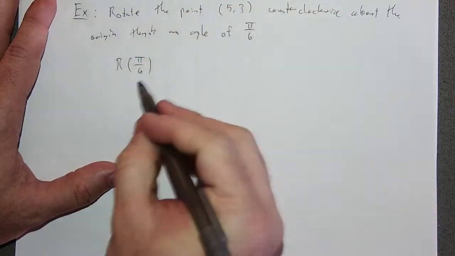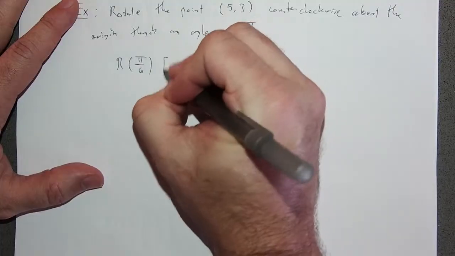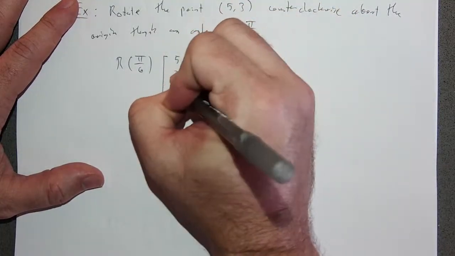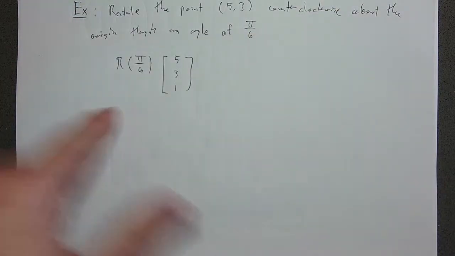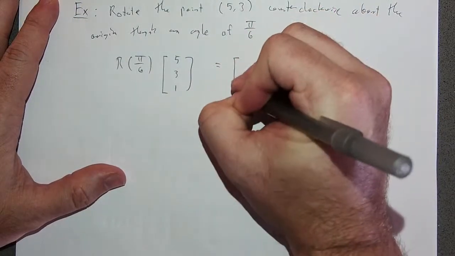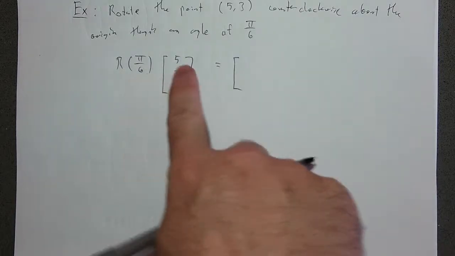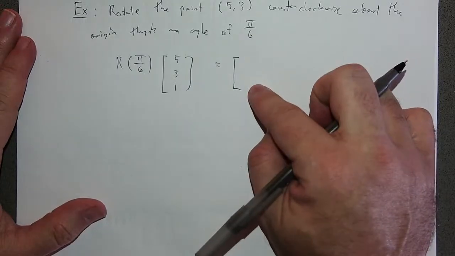First of all, what we would do here is have R of pi over 6 multiplying the vector (5, 3, 1). What is R of pi over 6? R of pi over 6 is going to be, reading column-wise, cosine of pi over 6, sine of pi over 6, 0.